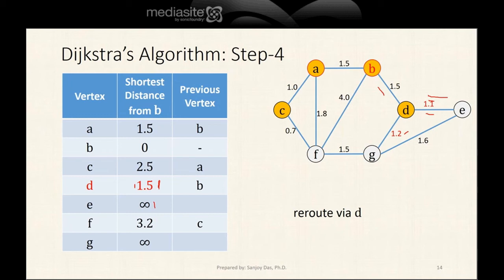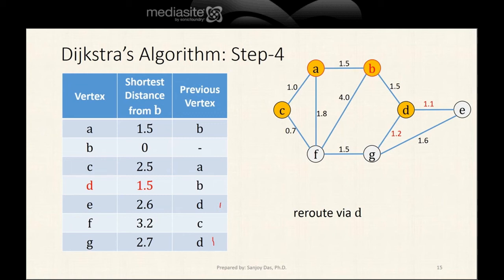That's smaller than infinity, so I'll have to replace this with 2.6. Likewise, I have to replace this infinity to G here with 1.5 plus 1.2, that's 2.7. So I update those two rows, and now the previous vertices were D.